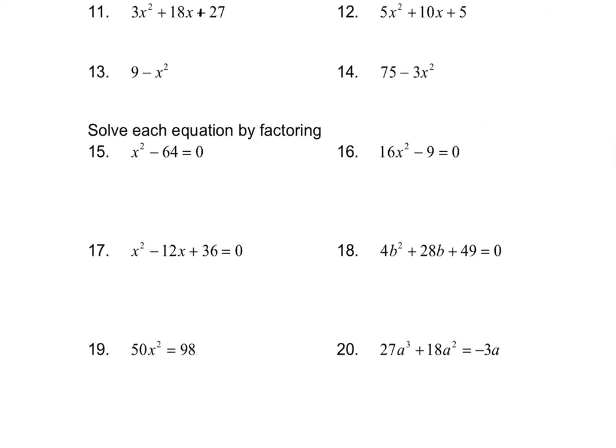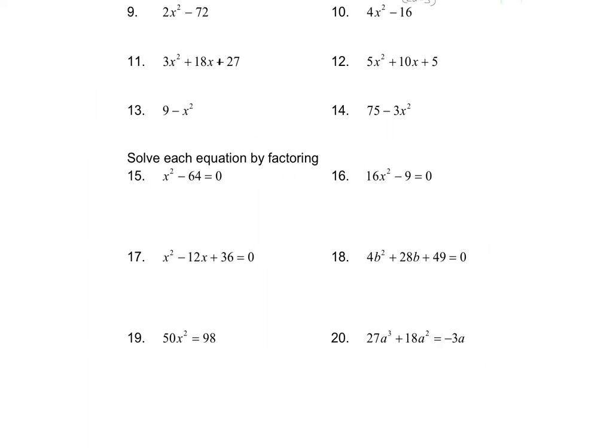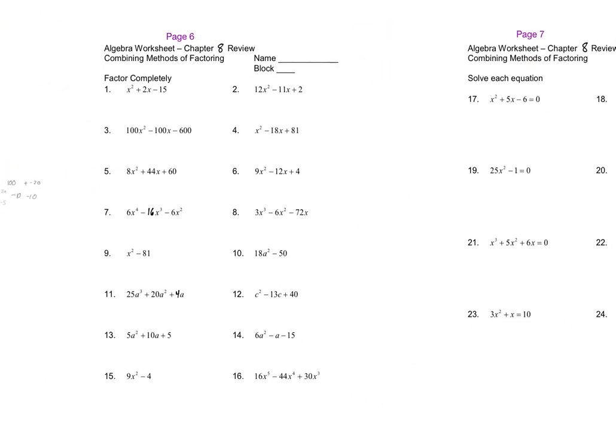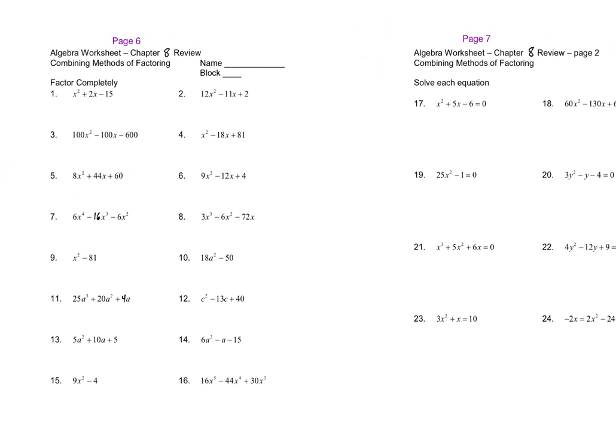So this would be applying that concept in solving. So you'd factor the same way and use the zero product property. The final 2 pages are a combination of both. Page 6 being, all you have to do is factor. Page 7 is where you have to factor and use the zero product property.